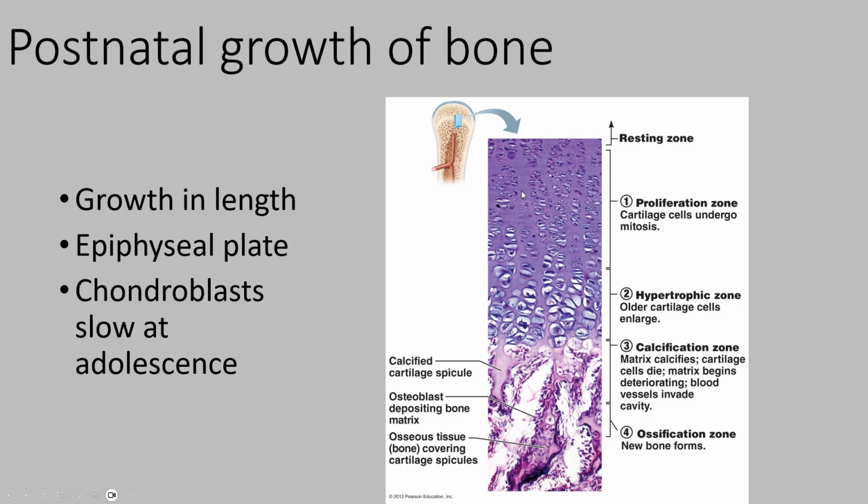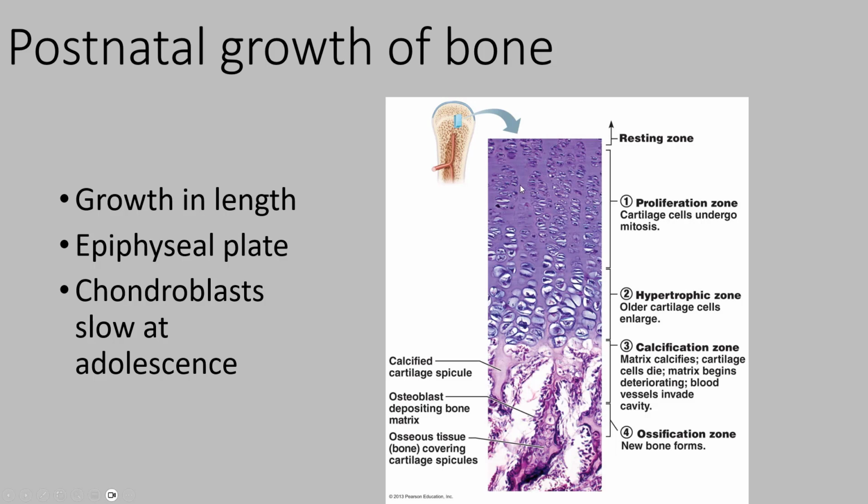So there are different regions. Even if everything weren't written over here on the right, you could see that the top, the middle, and down near the bottom look different, because different things are happening there. Up here, nearest the epiphysis side of the bone, we have the proliferation zone.